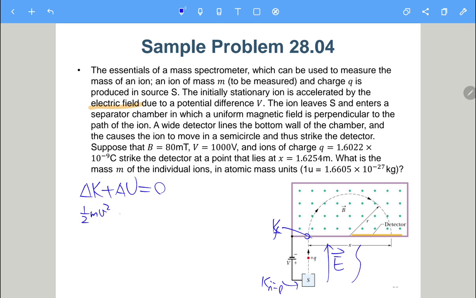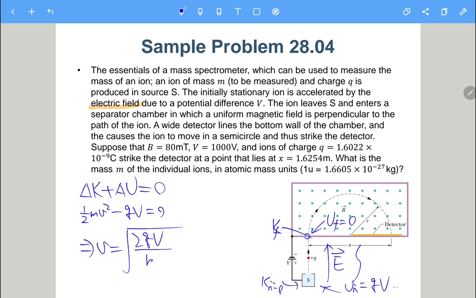So here Ui is QV and Uf is 0, so delta U will be negative QV. Okay, so here we can have v equals the square root of 2QV all over m.